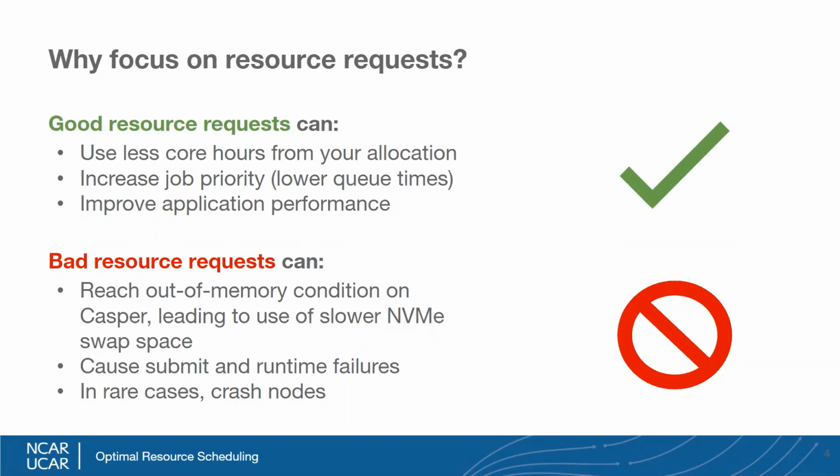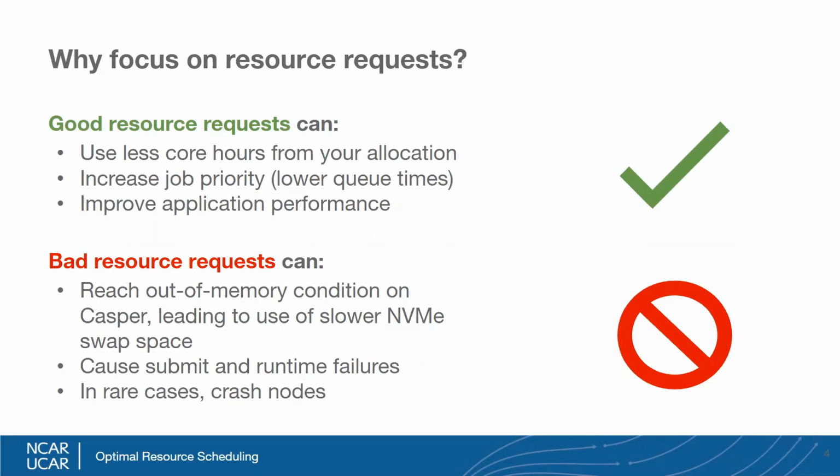But on Casper, this is a little more insidious, because on Casper, if you run out of RAM, your application won't fail, which is good, but it will write data to an NVMe swap space.